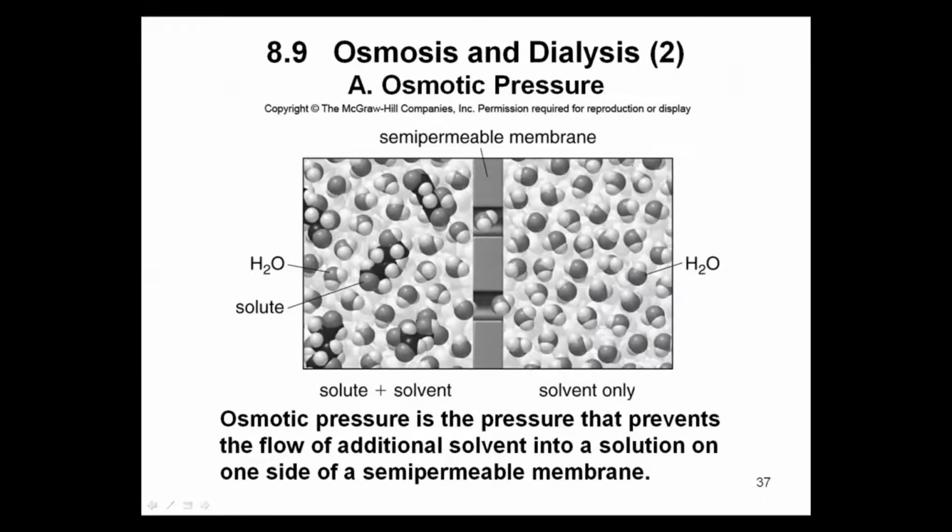Here's a much prettier picture of what I've been drawing, but again, here's our membrane. You can see it's basically holes and channels, and it allows certain size molecules to go through. Obviously, something like this guy here, which looks kind of big, is going to have a tough time getting through that small hole. And again, it allows filtration to occur.